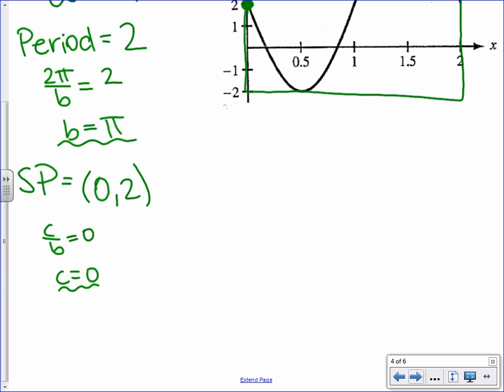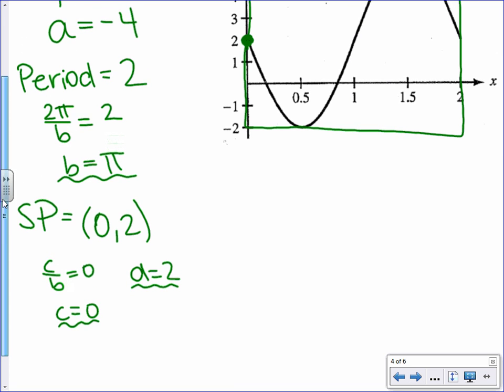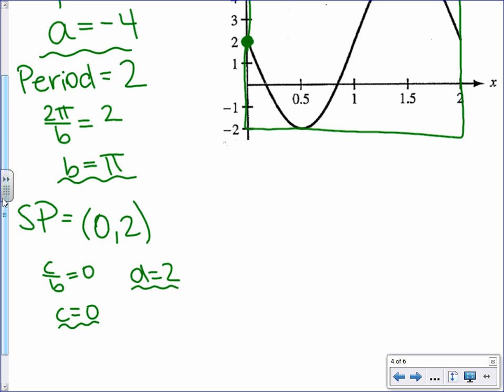And then 2 refers to d. Alright? So we have identified A, B, C, and D. So the equation to this curve is y equals -4 sine of pi x plus 2.